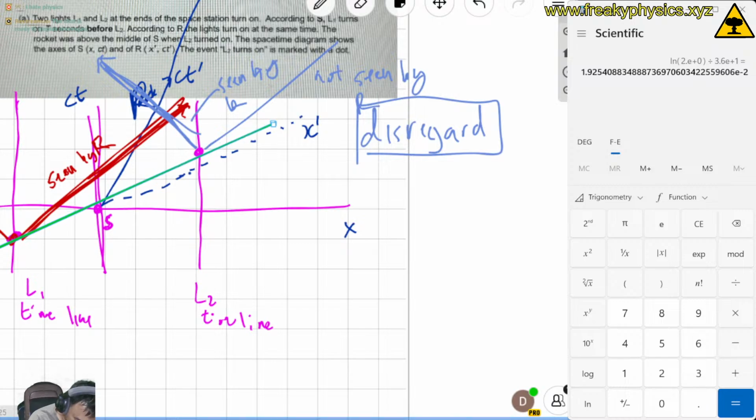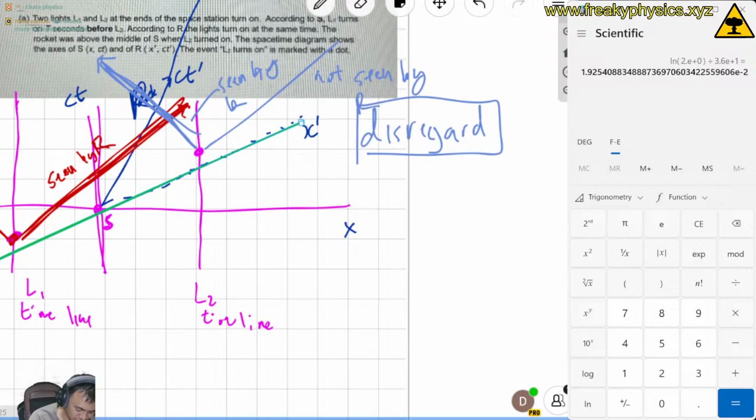In this case, it happens simultaneously like that. Perfect. I just drew that really perfectly. In this case, they happen simultaneously. Okay. For R, this happens simultaneously in this case.